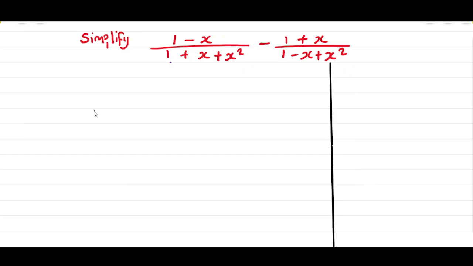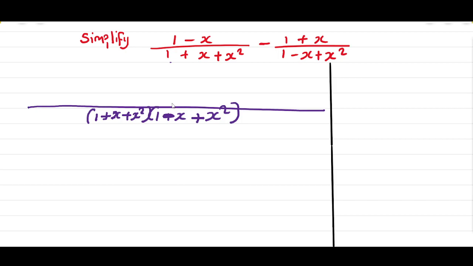We'll be having 1 plus x, then not 1 plus x squared. So I'll have to clean these brackets here. So we're having 1 plus x squared, multiplying 1 minus x plus x squared, all over what we have up here, which is 1 minus x.